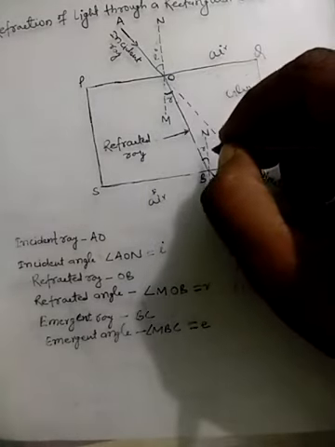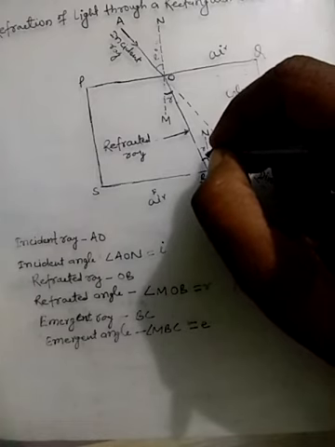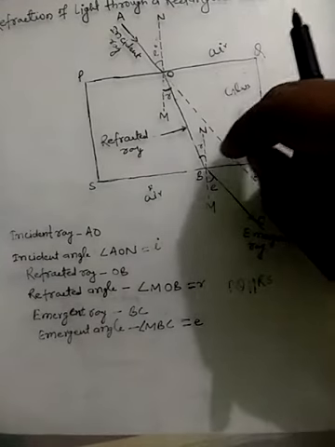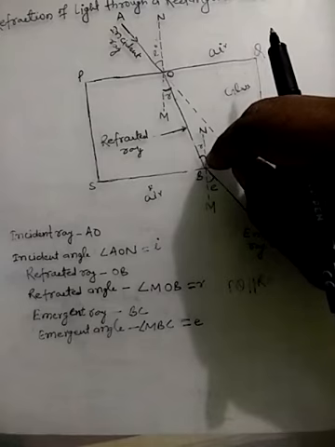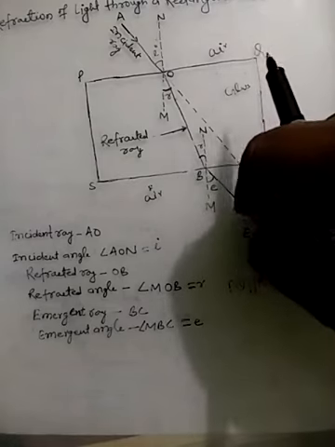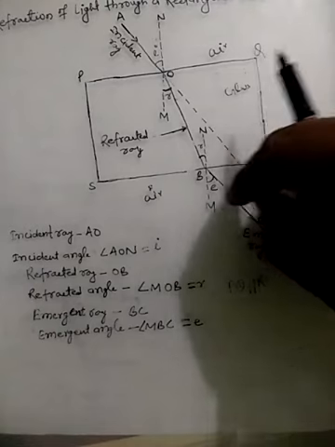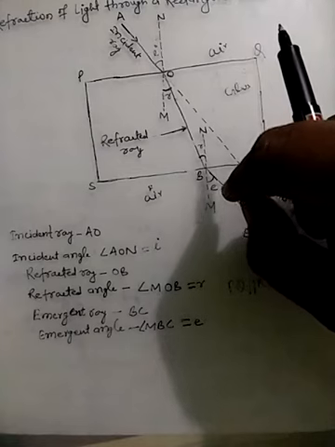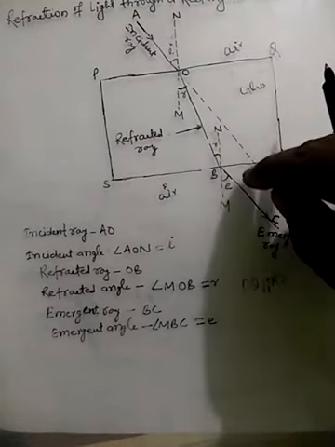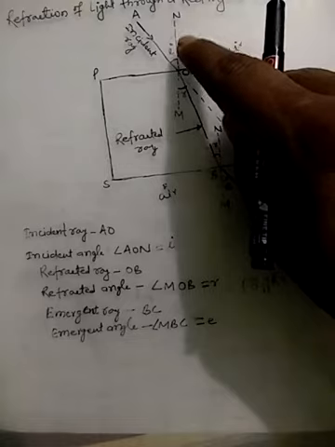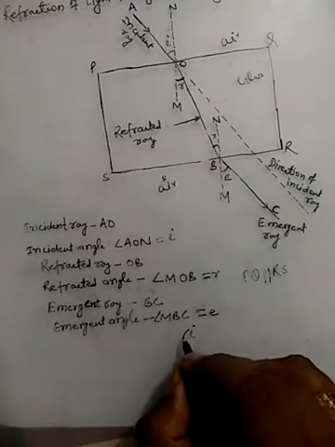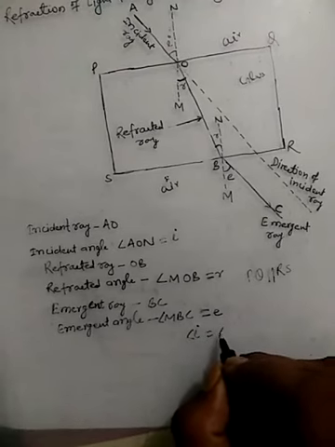This is R, so this will also be equal to R. Since the light ray from a denser to a rarer medium bends away from the normal, the emergent angle will be equal to the incidence angle, that is, angle I will be equal to angle E.